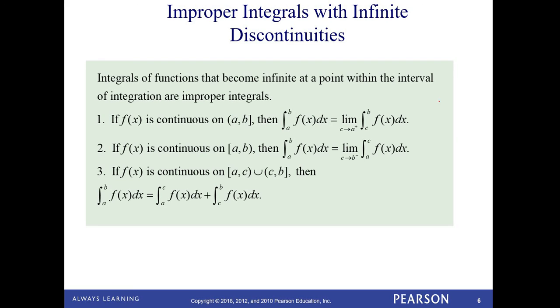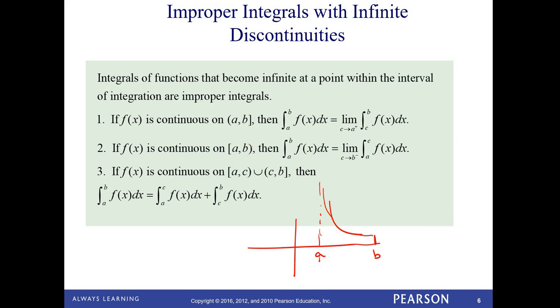So in other words, at a, I might have a vertical asymptote. So I can't integrate to a because there is a gap here. So I approach a from the right and go to b.